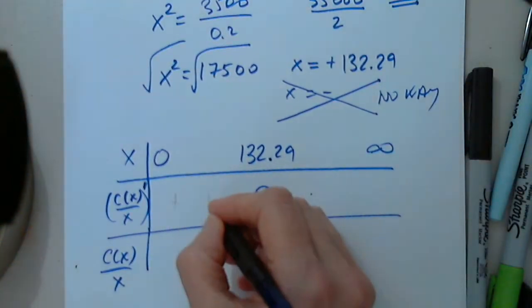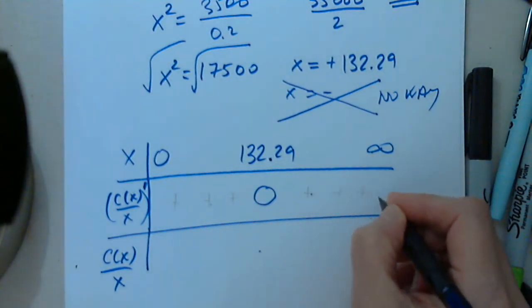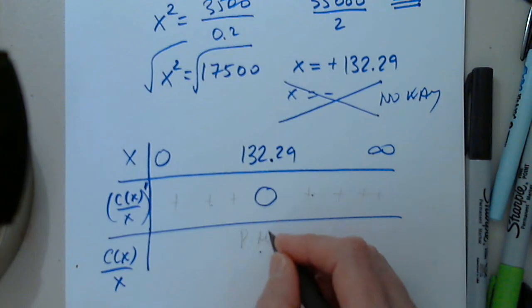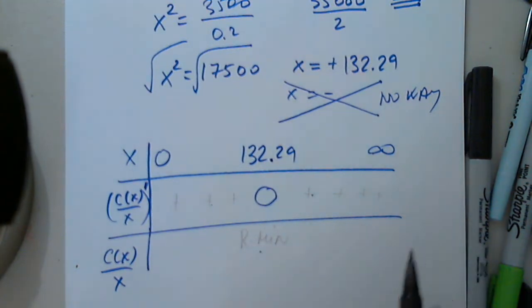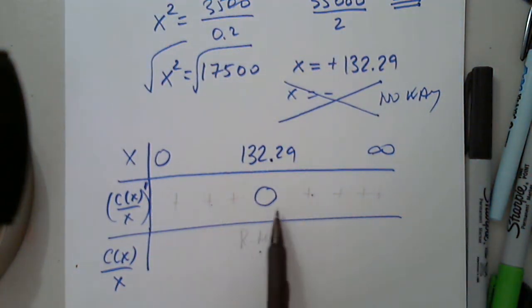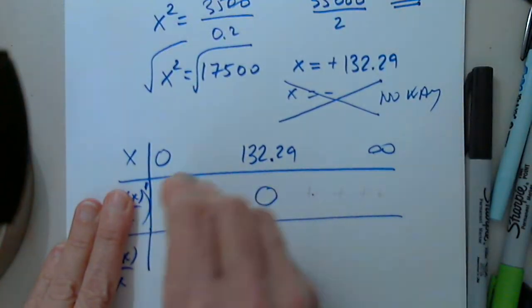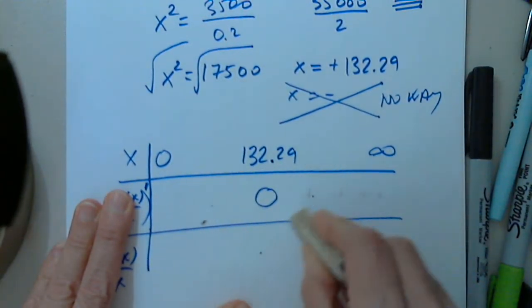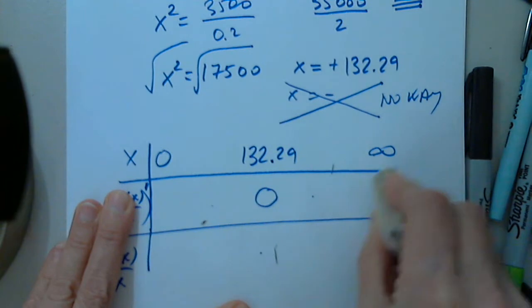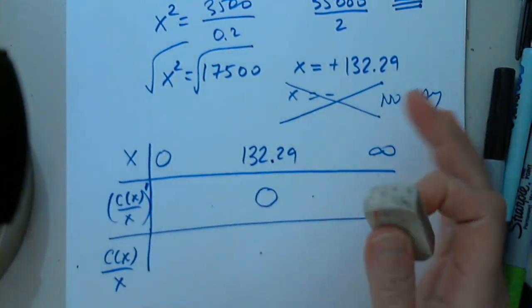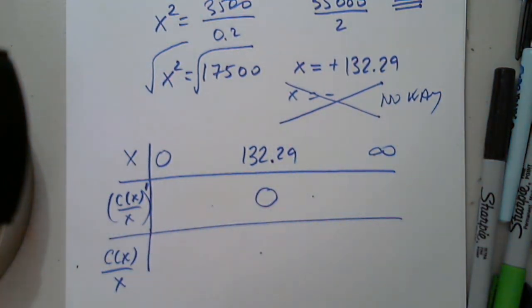I saw positive, positive, positive, positive, positive, relative min. But how is it possible? If there is no sign change, then this cannot be a relative min or a relative max. So you cannot put plus plus or minus minus and say this is a relative something. So please remember that. If there is no sign change, the critical number does not become a max or a min.